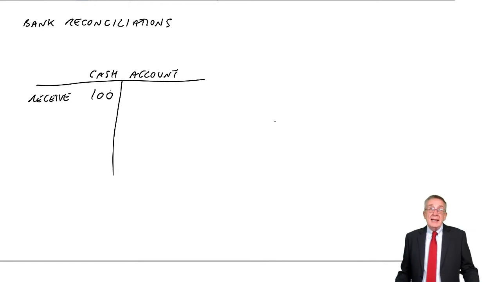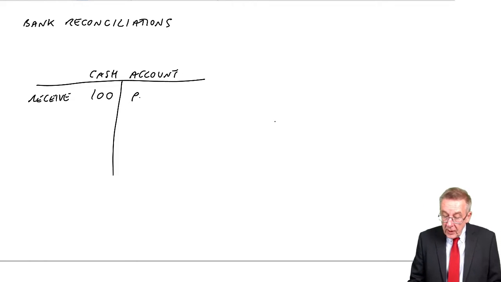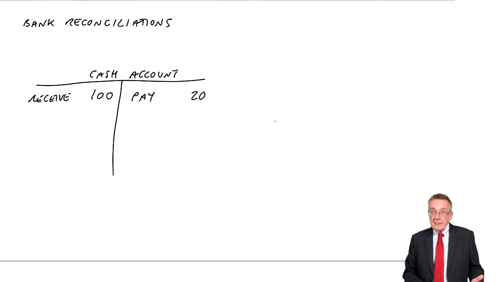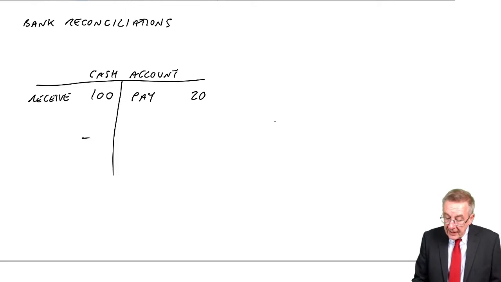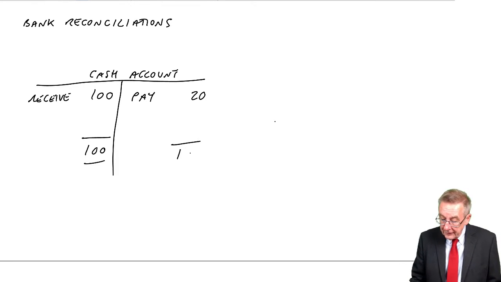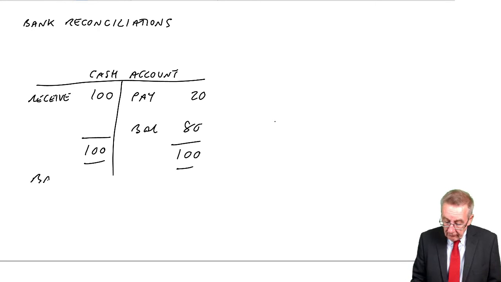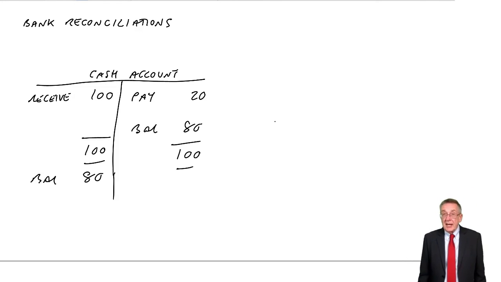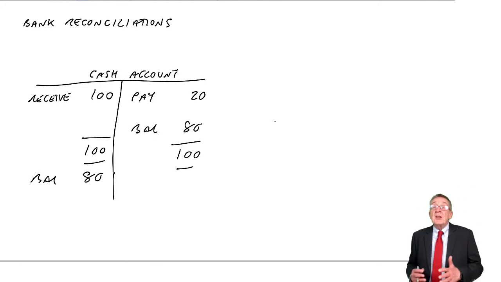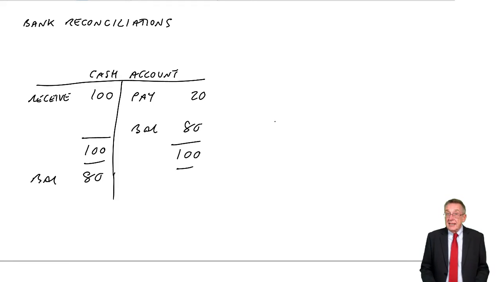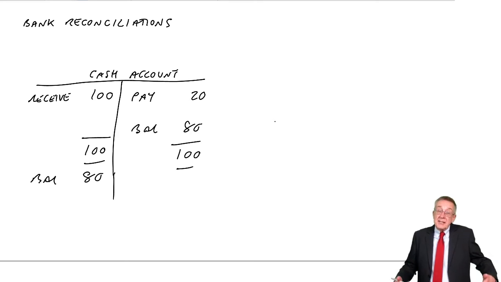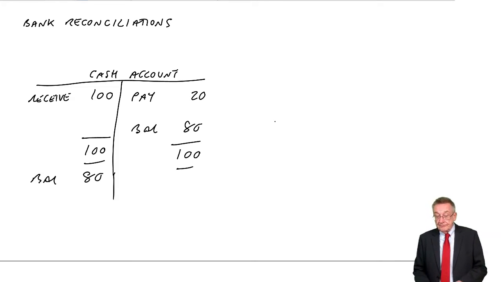And equally, if I paid out 20, we credit cash and we debit somewhere. And we'd be left with a balance of 80. A debit balance in our cash account means that we have cash of 80. Had it been a credit balance, it would mean we had negative at the bank, we were overdrawn.